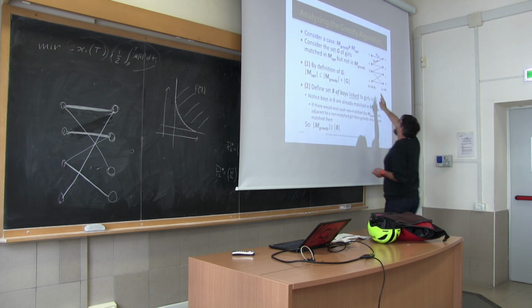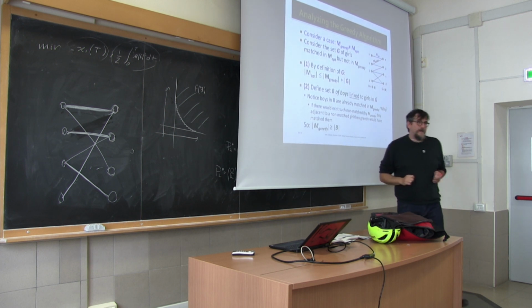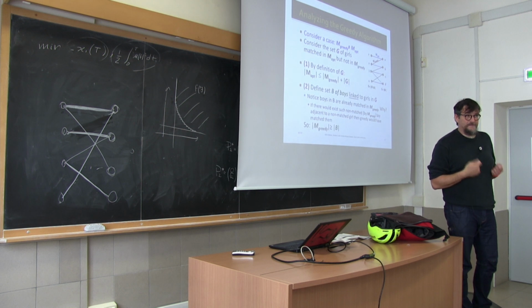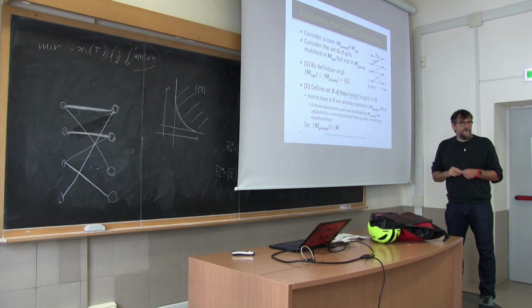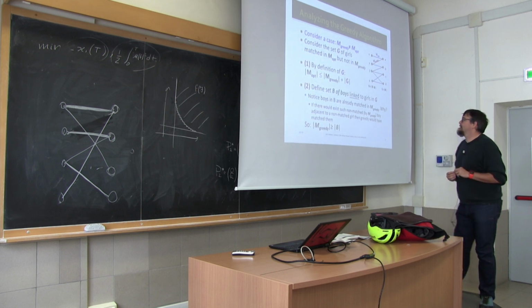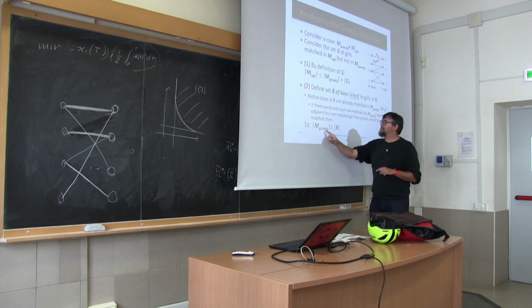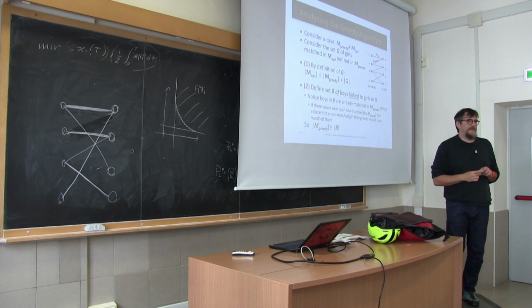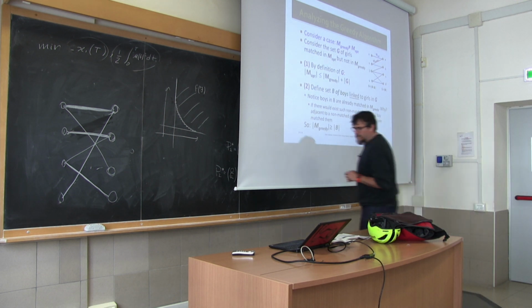Otherwise, since they are both connected to the girl, I would add it to the solution. But I'm not adding it because, by definition, G has no match. Is this clear? Okay, so again, M greedy is at least SB. Good.